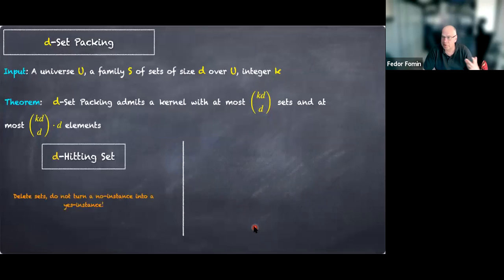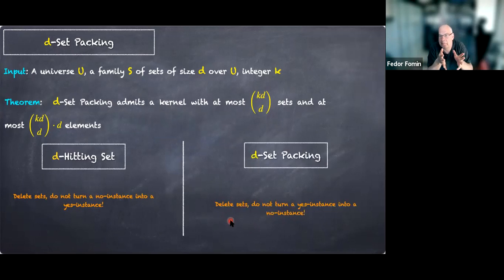Just to compare, what's the difference between set packing and hitting set? Hitting set is a minimization problem: we want to make K as small as possible. And d-set packing is a maximization problem: we want to find K sets, or make K as large as possible.